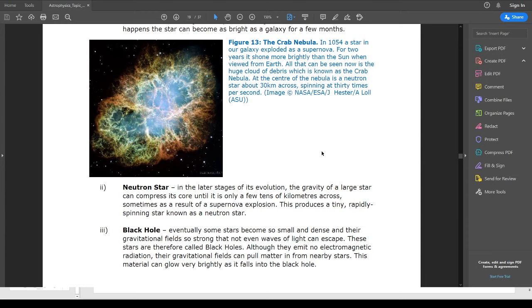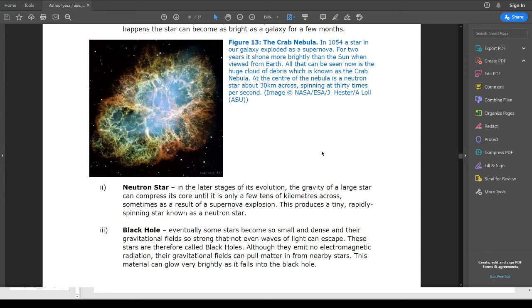Similarly for massive stars, when the remnants are thrown away into empty space by the supernova, not the core remnants, the other remnants, that forms the stellar nebula. But the core remnant forms the neutron star or black hole. It doesn't form any stellar nebula. The other parts of the supernova form the stellar nebula. I hope that is clear.